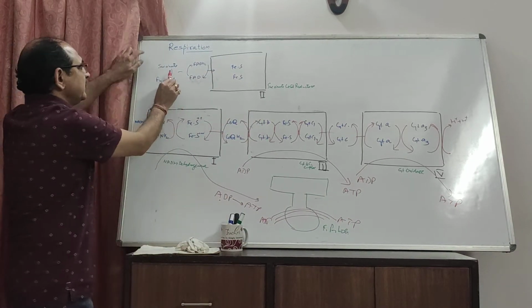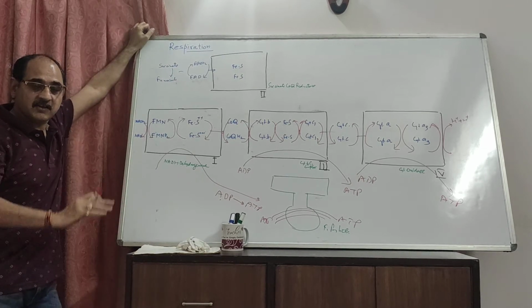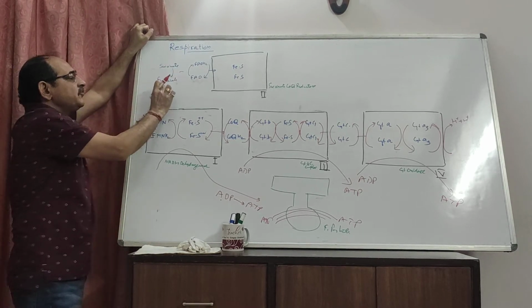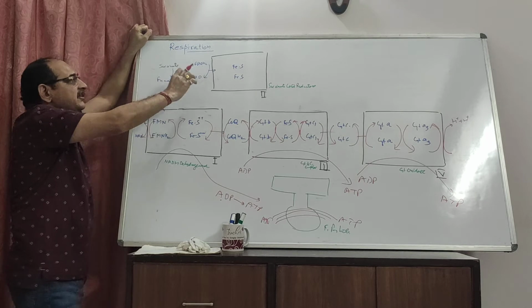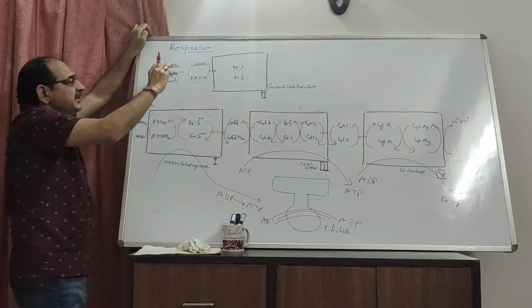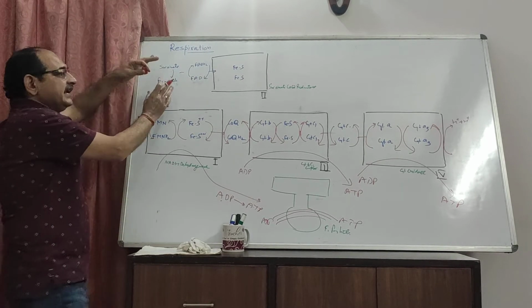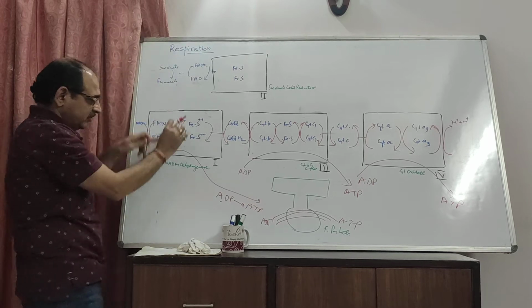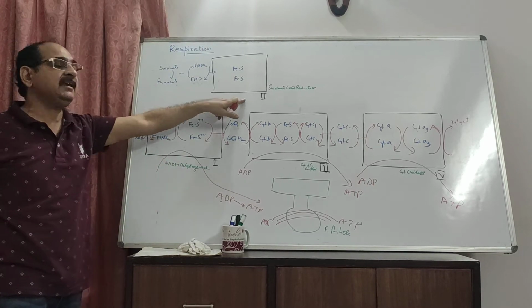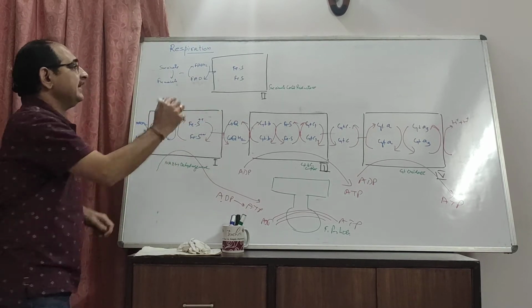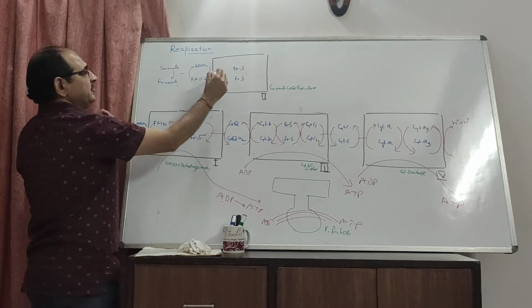Now let us discuss this one. When succinate changes into fumarate in the Krebs cycle, at that time hydrogen is accepted by FAD, forming FADH2. Now where will this FADH2 enter? Not in complex 1, but it is accepted by complex 2nd. And again the same process continues here.